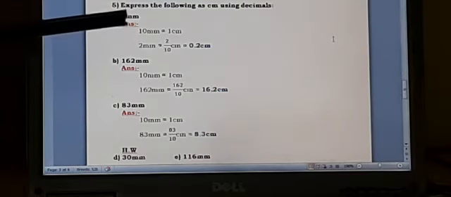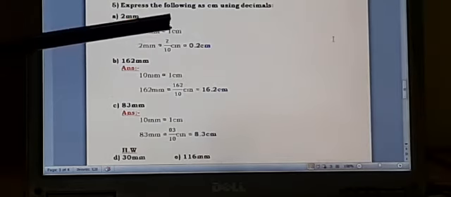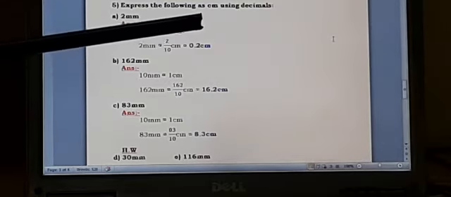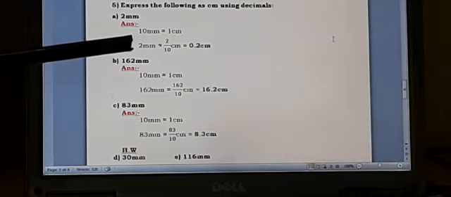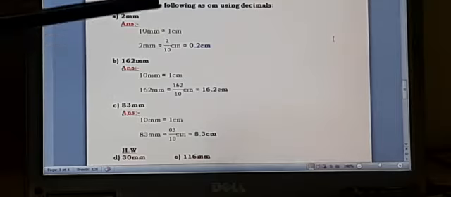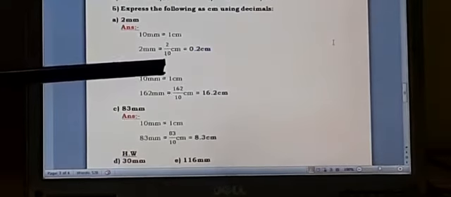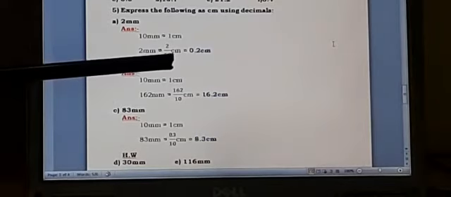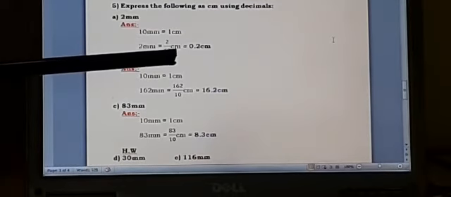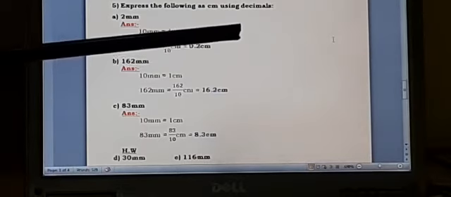Using this we can convert it into a decimal. So 2 millimeter equals 2 by 10 centimeter. When millimeter is converted into centimeter, we have to divide by 10. So 2 by 10, I divided. Here 10 has one 0. According to the 0, we have to keep the dot. So the answer is 0.2 centimeter.